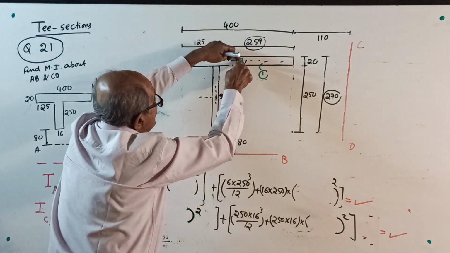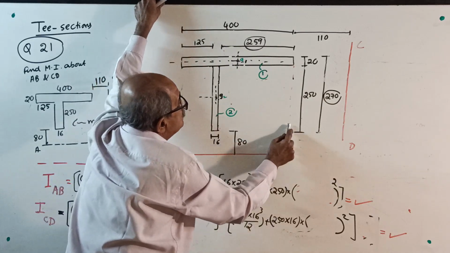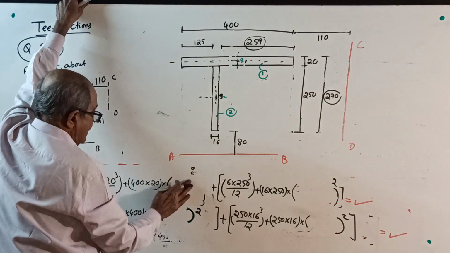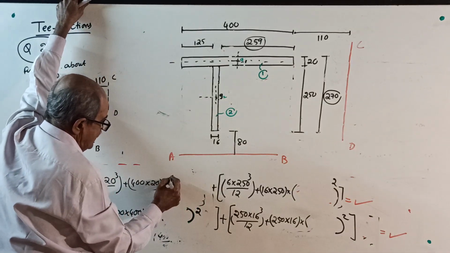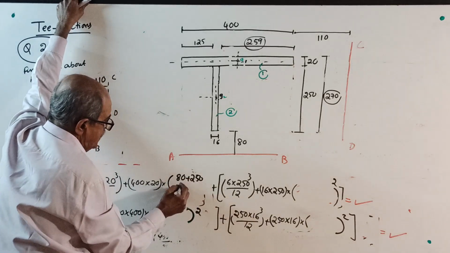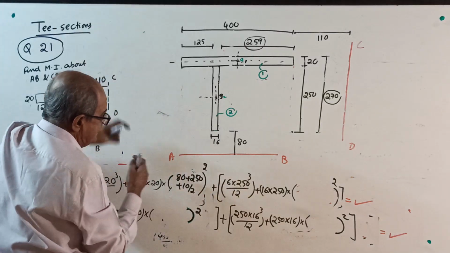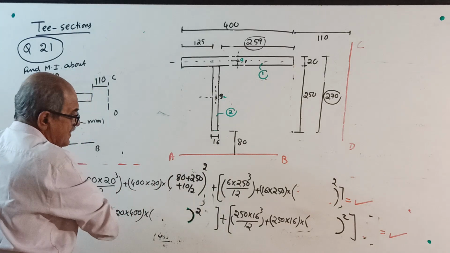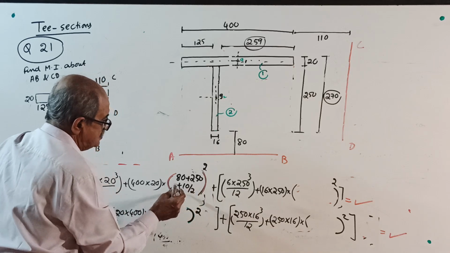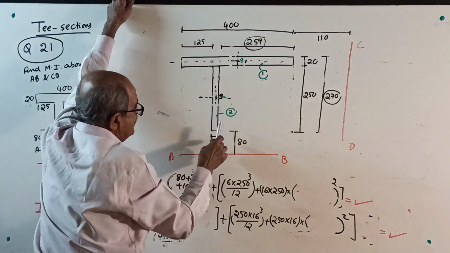See, this perpendicular distance squared is 80 plus 250 plus 20 by 2, that is 80 plus 250 plus another 10, whole square. Red color is required, but the red is not writing. I have to change the ink. Okay, I will put red for the bracket, h square.